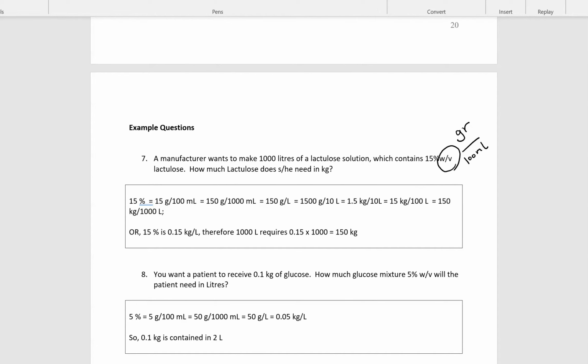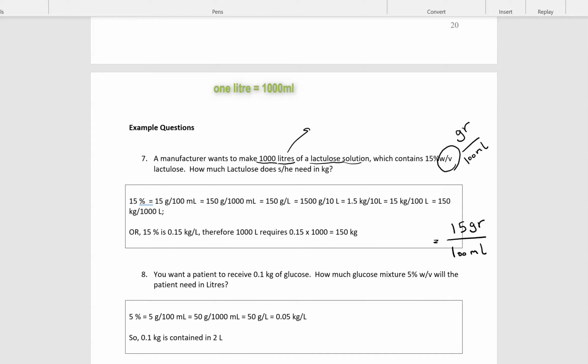You are going to make 1000 liters of lactulose solution with a concentration of 15%. So concentration means that 15 grams of lactulose in 100 milliliter.